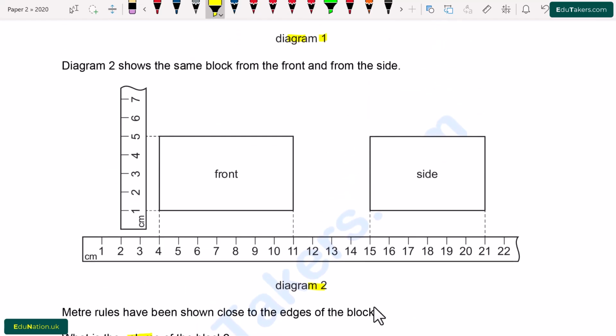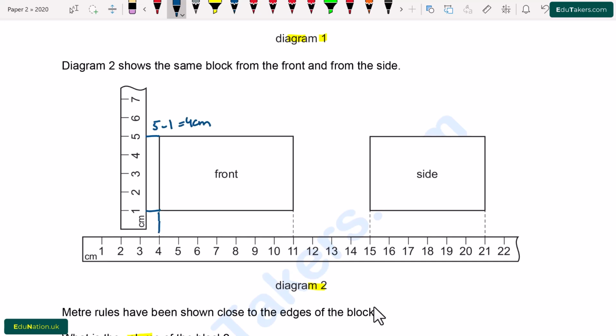So volume will be equal to the product of the side lengths of this block. From here we can see this side is at 5 centimeter and here is 1 centimeter. So it will be 5 minus 1, which is equal to 4 centimeter.